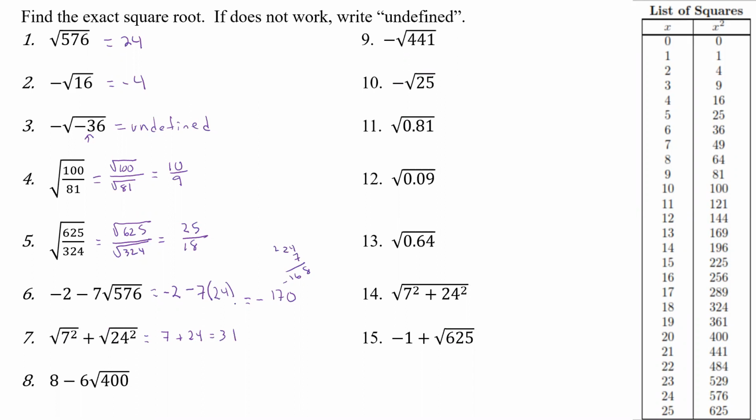Now, if we want to look at it a different way, what we can do is we can go ahead and square. Let's go to a blank page. We can take and say, well, that square root of 7 squared plus the square root of the, what was it again, 24 squared.